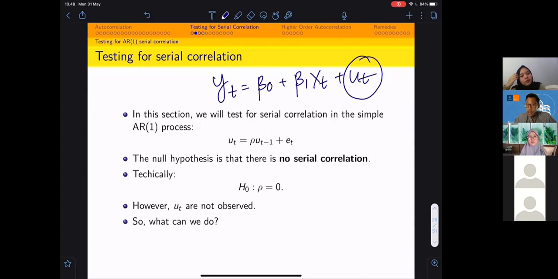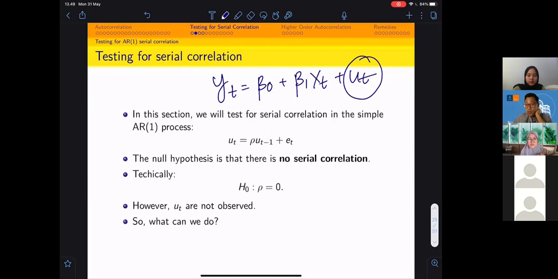So if we don't have the error terms at the population level, what can we do? Any idea? Any insights? Well, you can always use the sample analog.